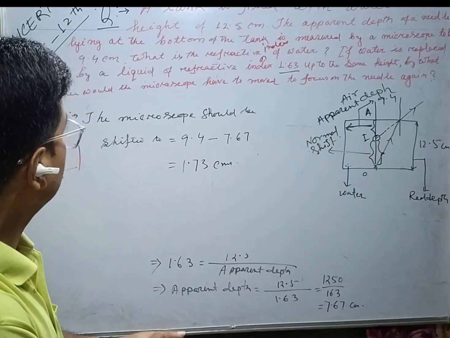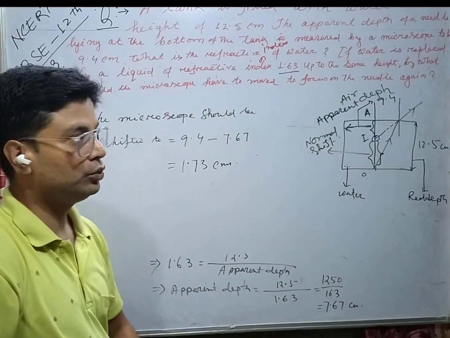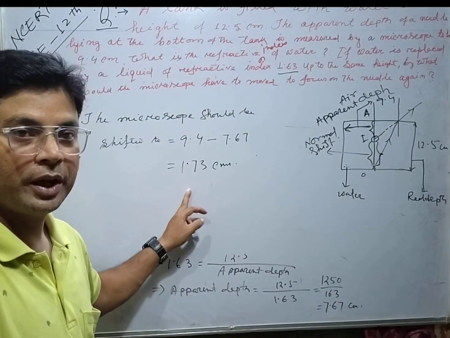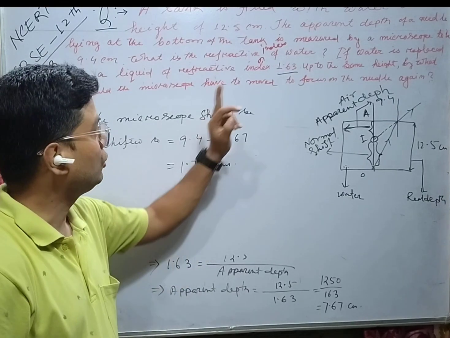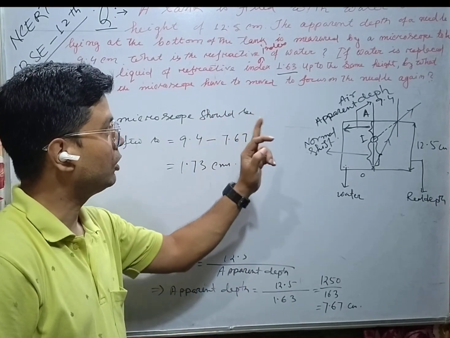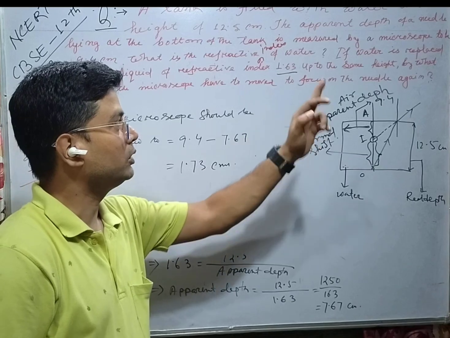It means the microscope should be shifted by a distance of 1.73 centimeter to focus on the needle again.